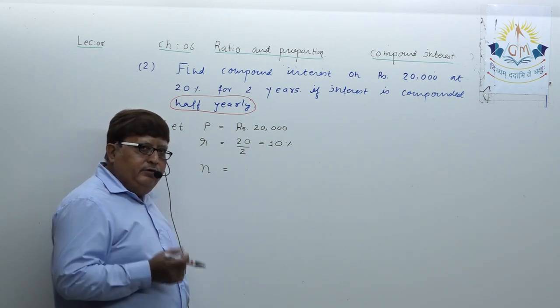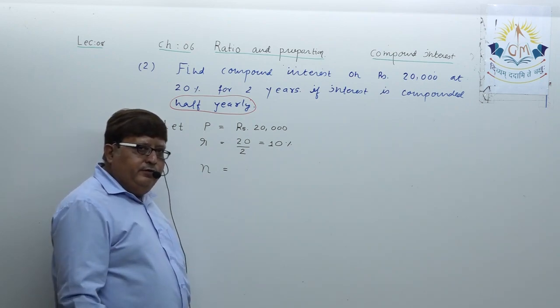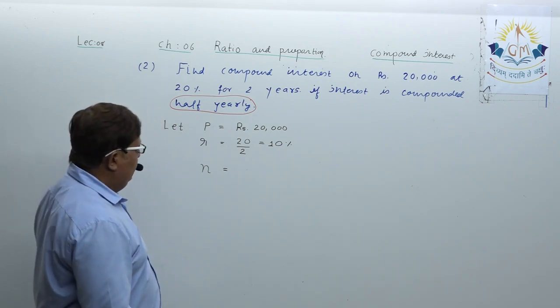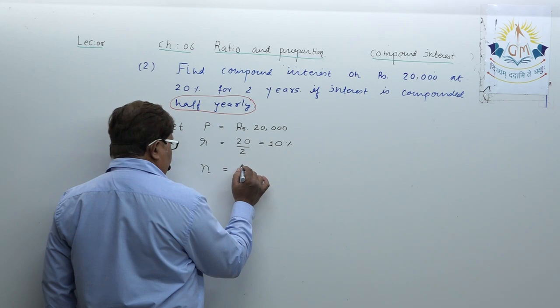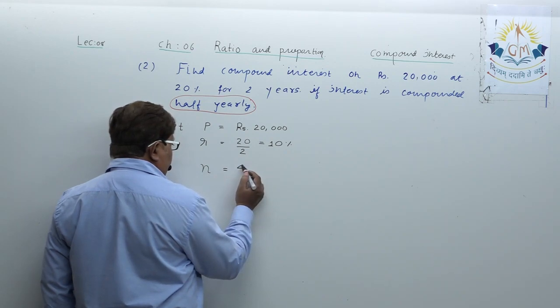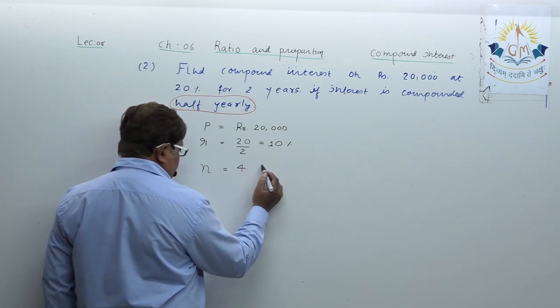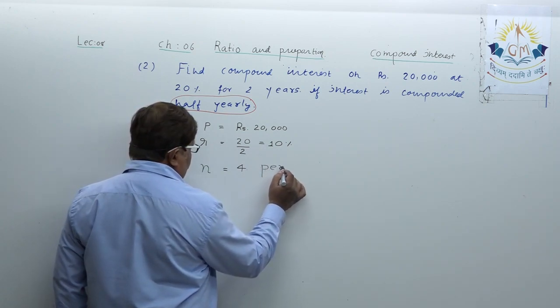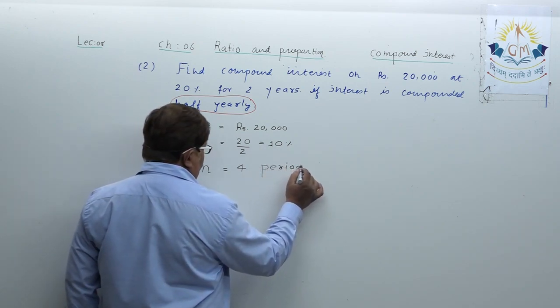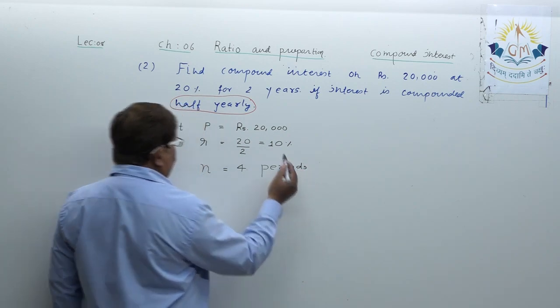You can understand it very easily. Understood, right? So what should I write? N equal to 4 periods. Understand?